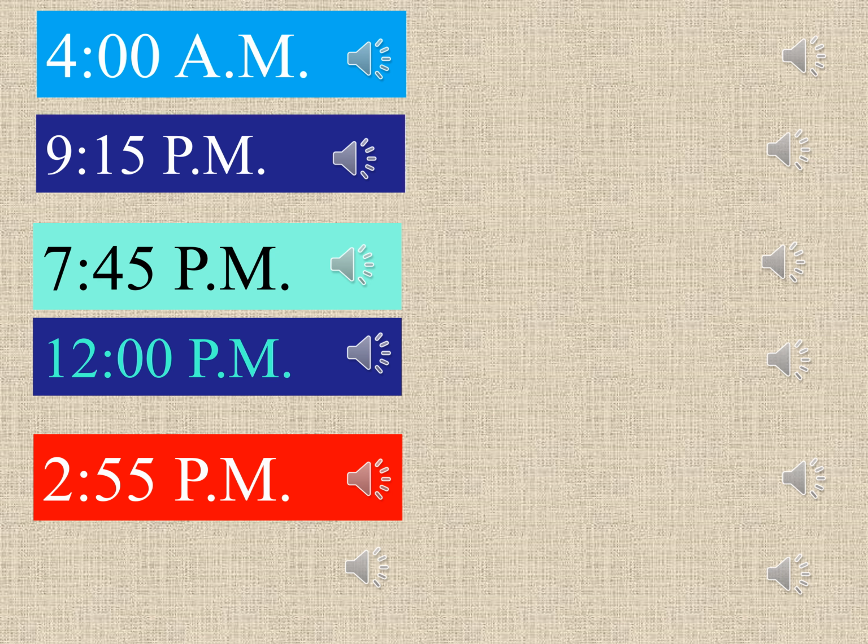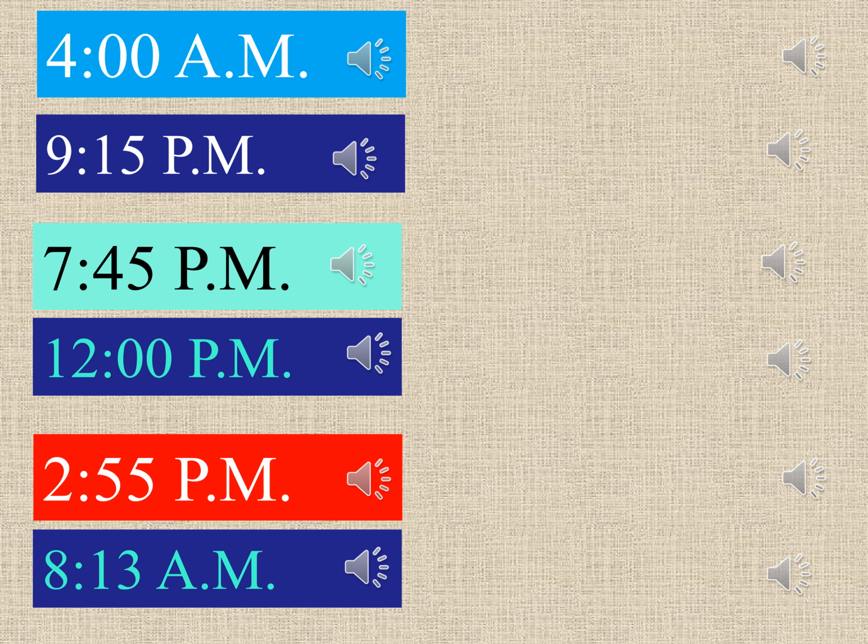Son las 8:13 de la mañana. Son las 12:15 de la noche.